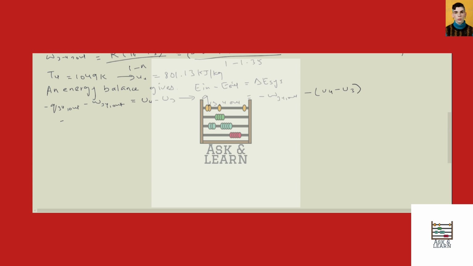Putting the values, we get minus 943.8 minus (801.13 minus 1872.4), which gives 127.5 kilojoule per kg.